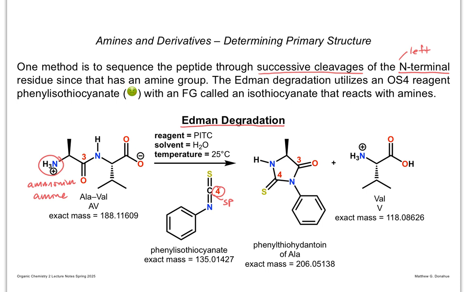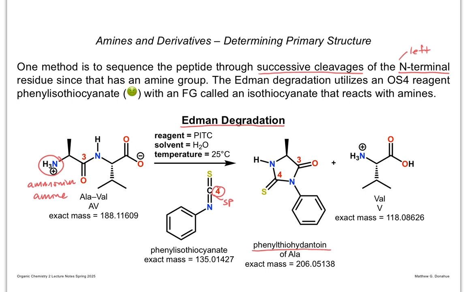In this specific reaction, the oxidation state is conserved because you're adding that amine group to that carbon. So the amine of that N-terminal side chain adds to it, and then you get a cyclization event that forms this new heterocycle called a hydantoin. So phenyl thiohydantoin.